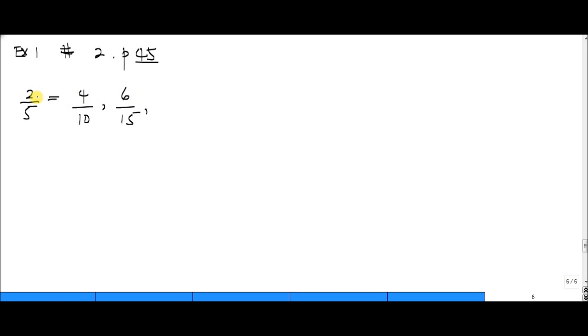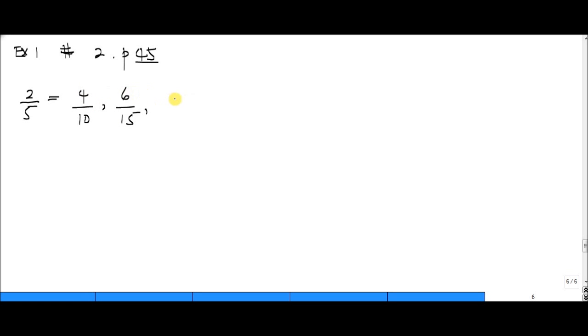Now, what did they do to 2 to get it to be 4? They multiplied by 2. So the factor they multiplied the numerator and the denominator by was 2. What did they do to 2 for it to become 6? They multiplied by 3. So 3 2s would have given them 6, and 3 5s 15. So they have done 1, they have done 2 and 3.